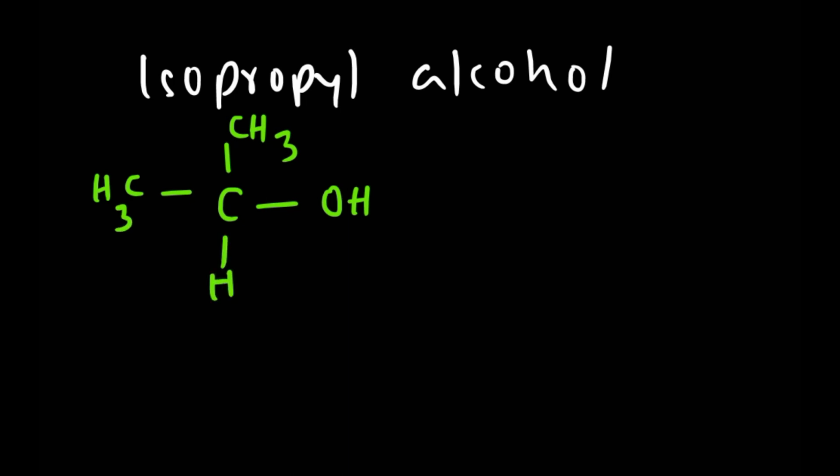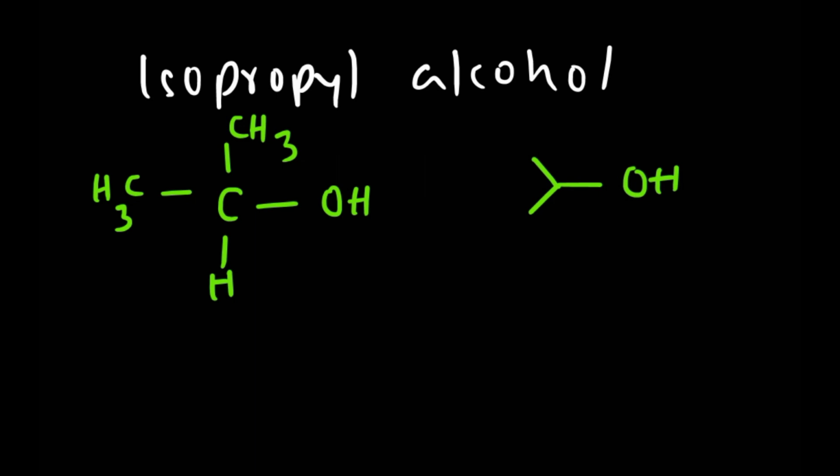This is the isopropyl alcohol complete structure. Now for the bond line structure, we don't need to draw this bonding and we don't write the carbon atoms, only the bonds. It will look just like this, because hydrogen should not be there, only the carbon skeleton. So 1 carbon, 2 carbon, 3 carbon, and it is hydroxyl.